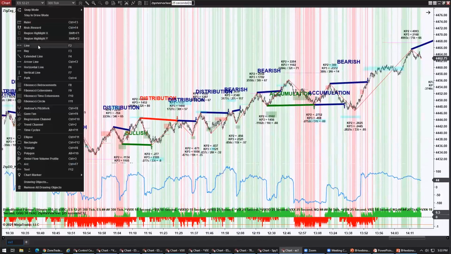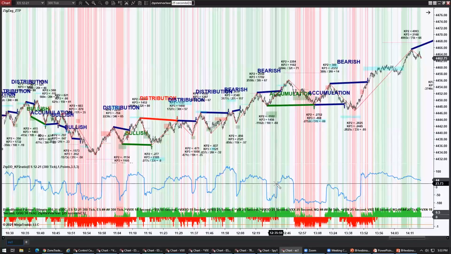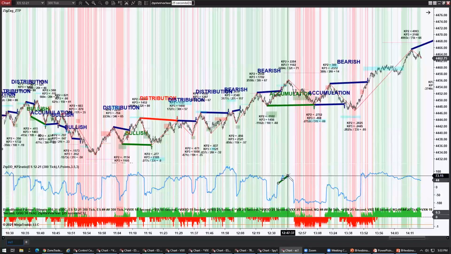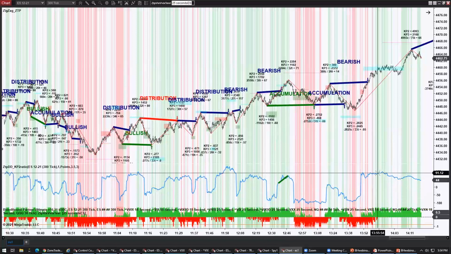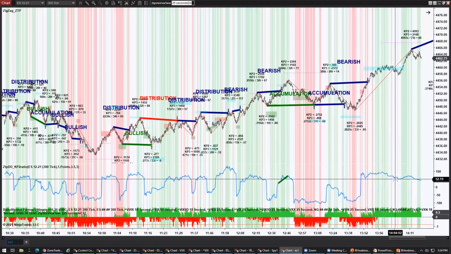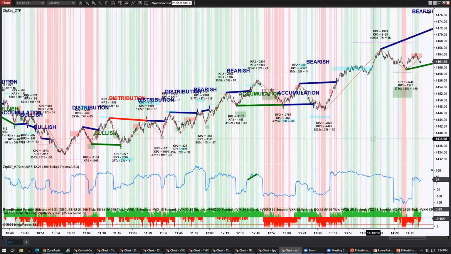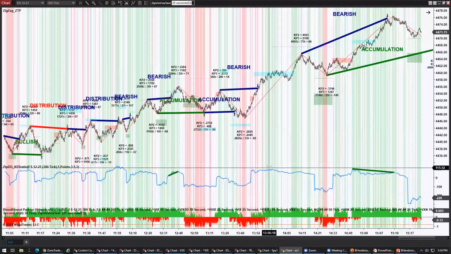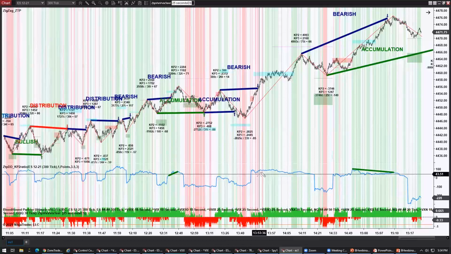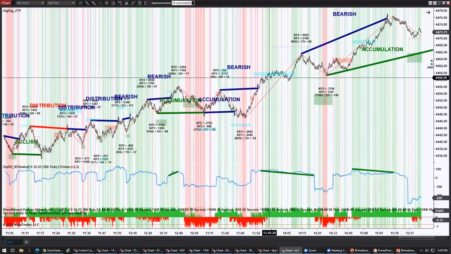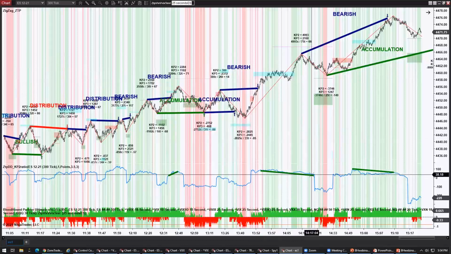And when I say seeing resistance being put in, that is resistance being put in. This thing going sideways or the divergent opposite direction is what is telling me that price is going higher. You see right there, as price is going higher, the ratio is going lower.